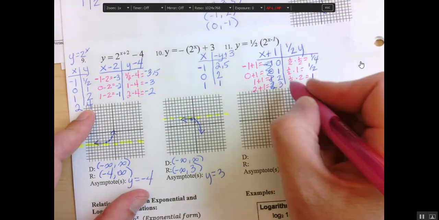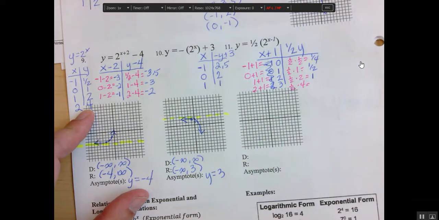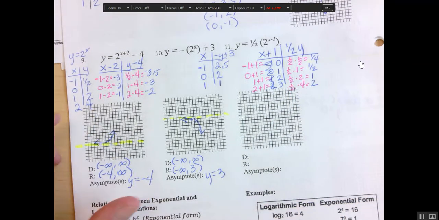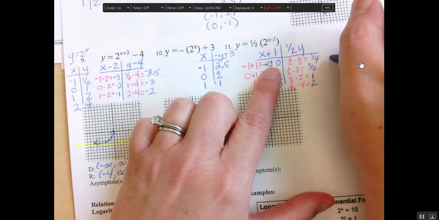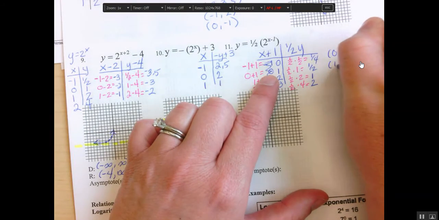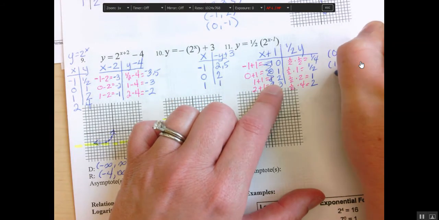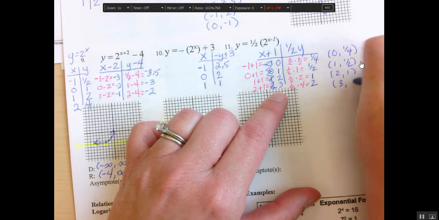And 1/2 times 4 is 2. So guys, I just added in that last point because my other points were so small that they were going to just get crowded together. I wouldn't be able to see the shape that well. So this is what I'm graphing. 0, 1/4, 1, 1/2, 2, 1, and 3, 2.